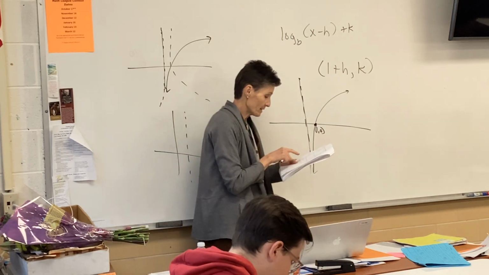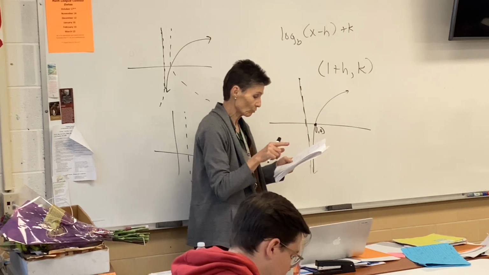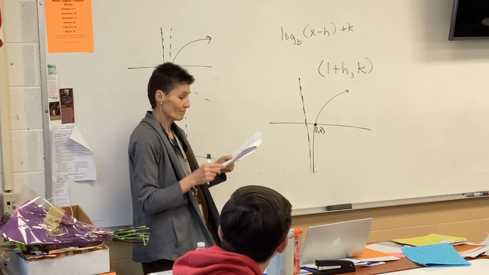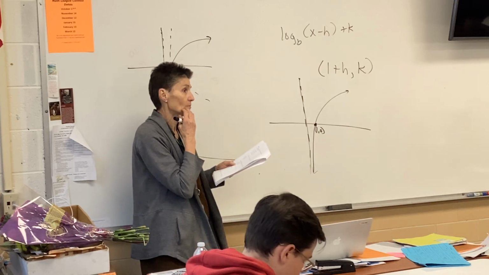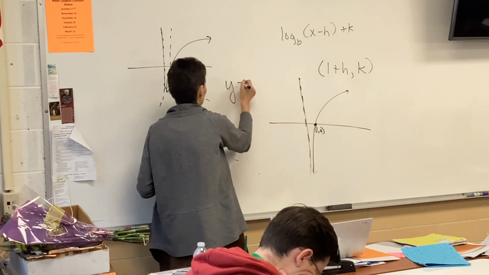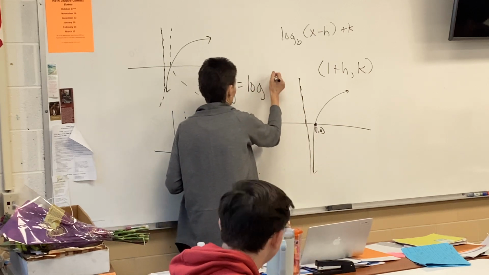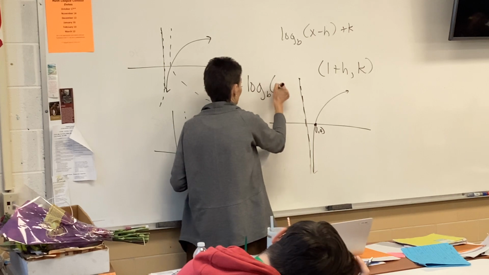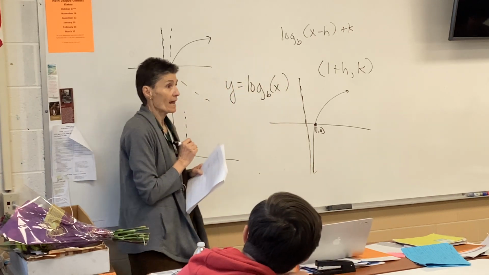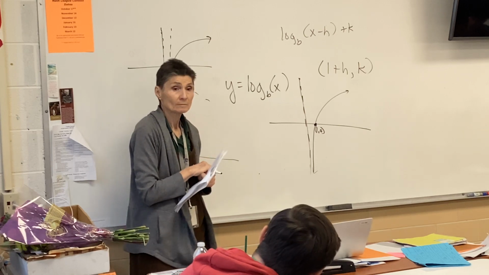Because you said 2 and 3? So she says 2 and 3 have a vertical asymptote at -3. Now, again, in your logarithmic equation, where is the asymptote normally?